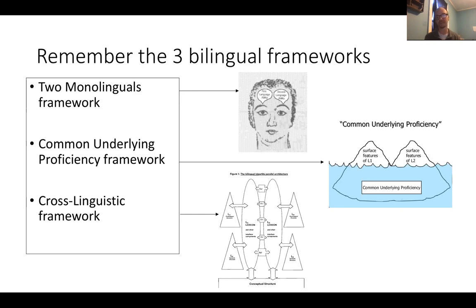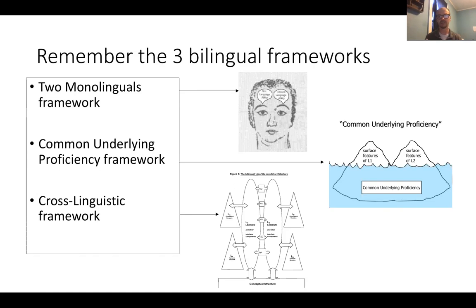This could be things like scientific knowledge. It could also be knowledge that sentences end with periods, or that reading proceeds from left to right in certain languages and right to left in other languages, or how to hold a book.